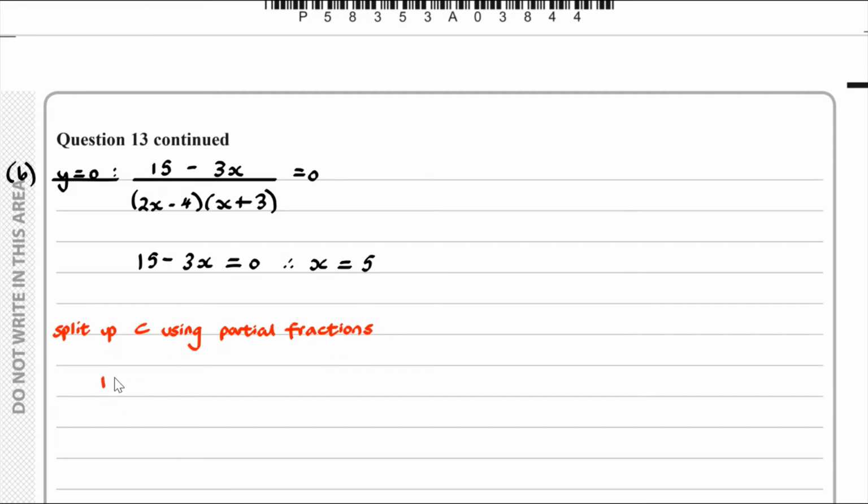we have 15 minus 3x over 2x minus 4 lots of x plus 3, and this is going to be equivalent to a over 2x minus 4 plus b over x plus 3.